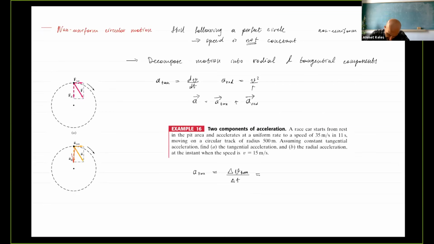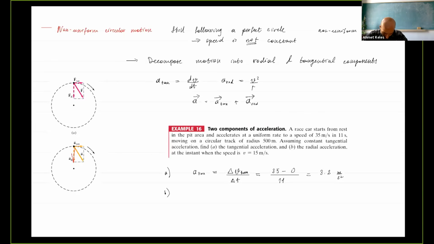Delta V is 35 minus 0, since it starts from rest, divided by the total time, 11 seconds. From these numbers, 35 divided by 11, I found something like 3.2 meters per second squared. This is A.